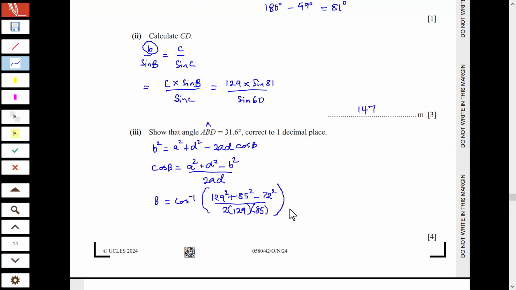We can use a calculator to do this, and finding the cos inverse of this gives us 31.6 degrees.